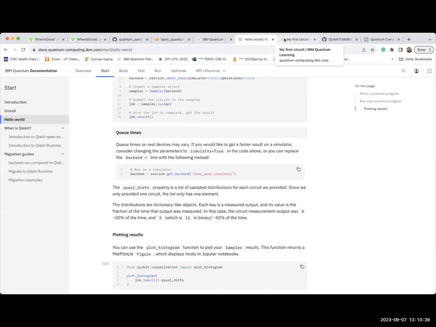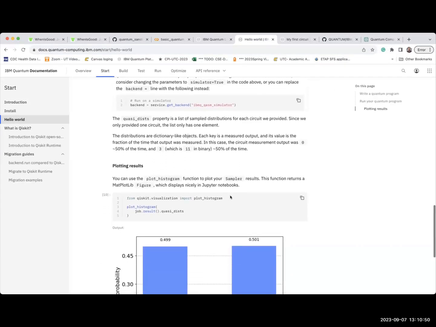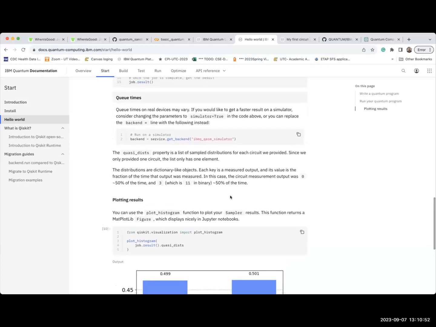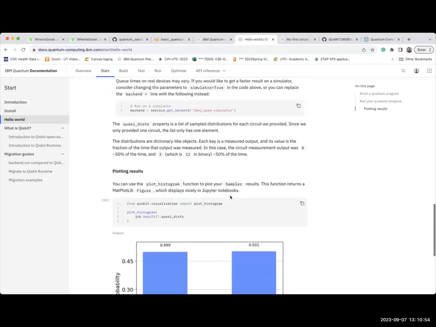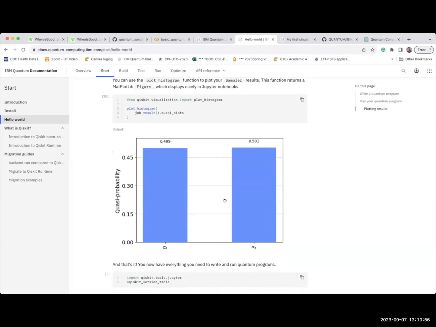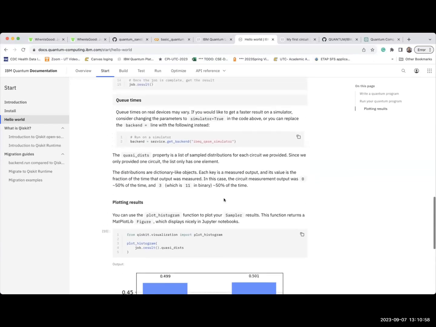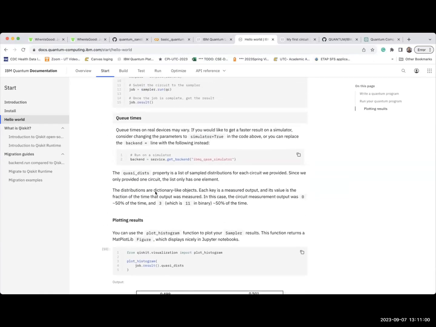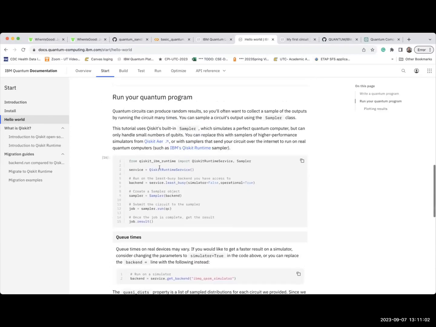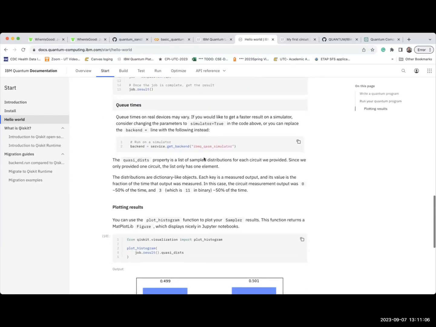If we send it to the actual IBM quantum computer, we have to wait for it to execute. In this case, we basically have 50 percent, because the two states are in a so-called entangled state, they are correlated.